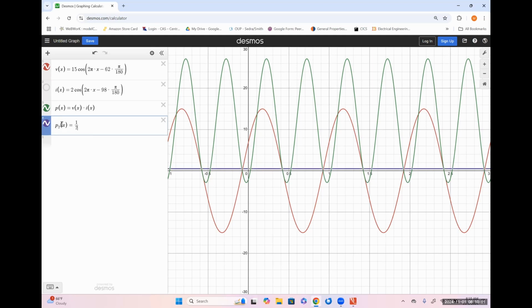So I'm going to have 1/2 times. So what's the magnitude of my voltage waveform here? 15. And then, excuse me, what's the magnitude of my current waveform? Just 2.